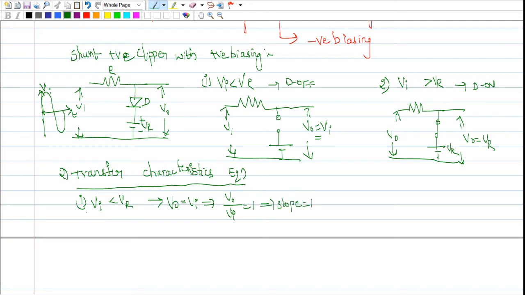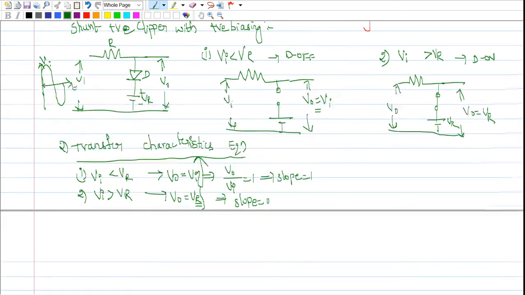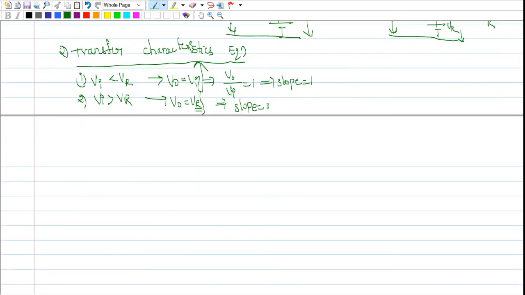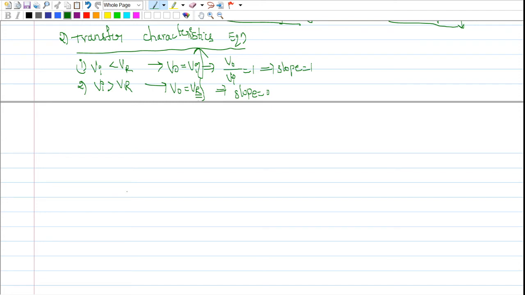The second condition is Vi greater than VR, where the output voltage is equal to the reference voltage. So the slope is 0, because the reference voltage is a constant. These two are called the transfer characteristic equations. From them, draw the characteristic curve.